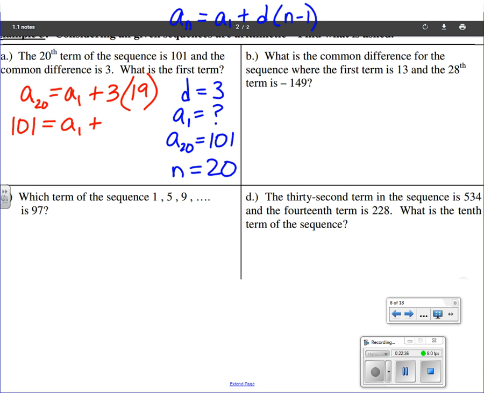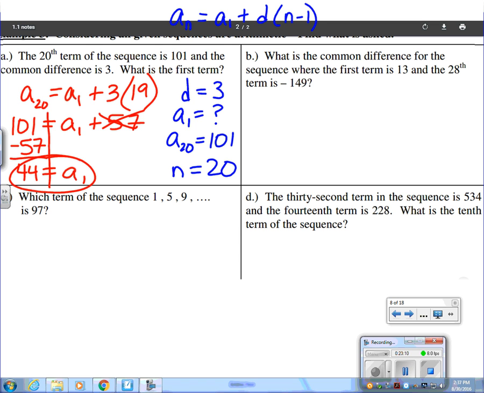Let's go ahead and multiply those to make our life easier. 3 times 19? 57? Okay. All right. And Dan, what do you think we're going to have to do to get A1 by itself? I said Dan. All right. And what do you get? Good.